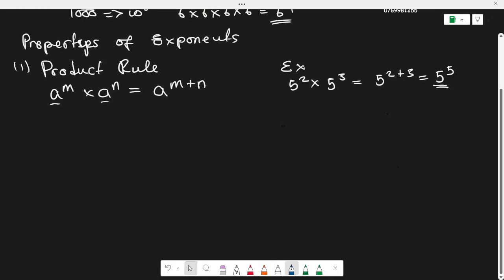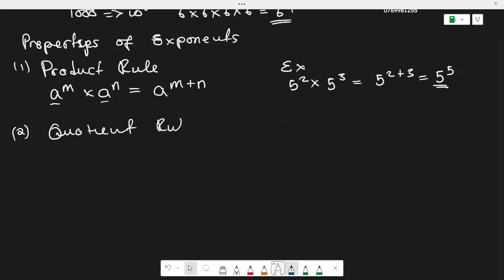The next rule that you need to look at is the quotient rule. This is where you have a scenario like a to the power m over a to the power n, or a to the power m divided by a to the power n.